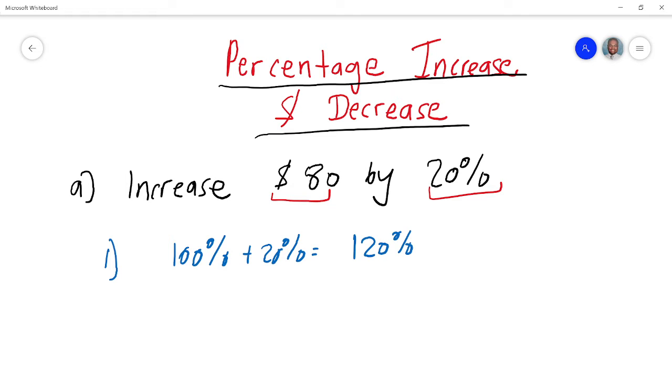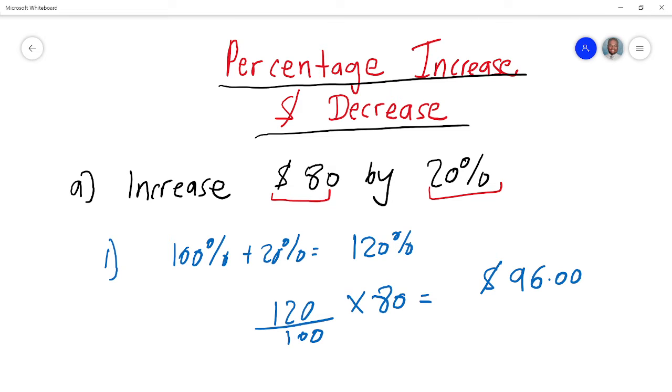And what you do next is you go 120 divided by 100, because you know very well 120% is 120 over 100, multiplied by $80. So when you get your calculator, you go 120 divided by 100 multiplied by $80 and you're going to get $96.